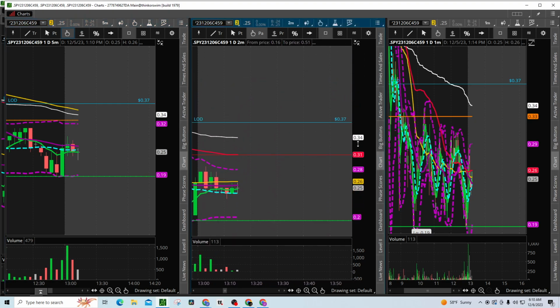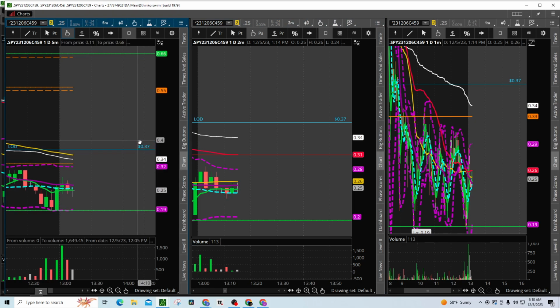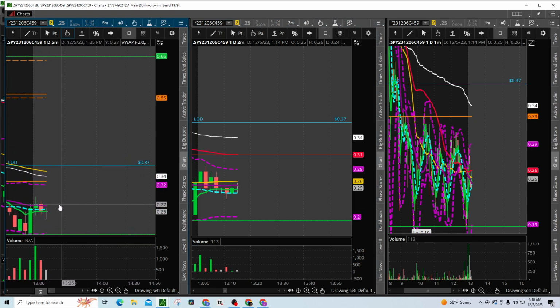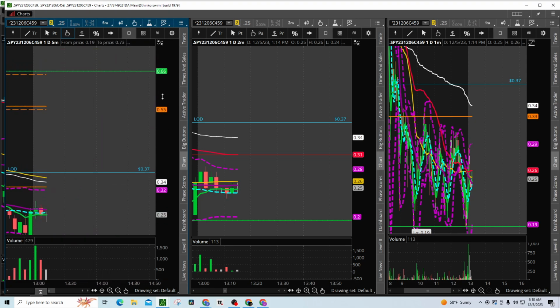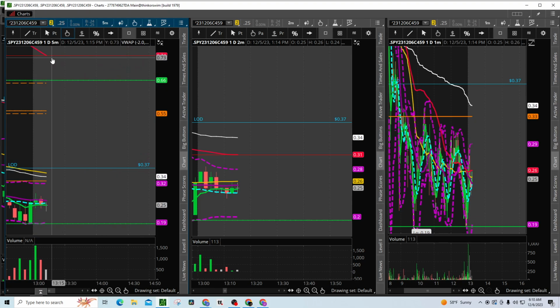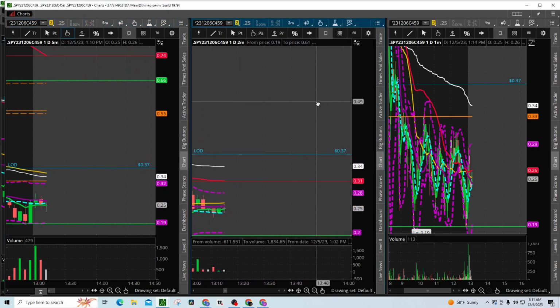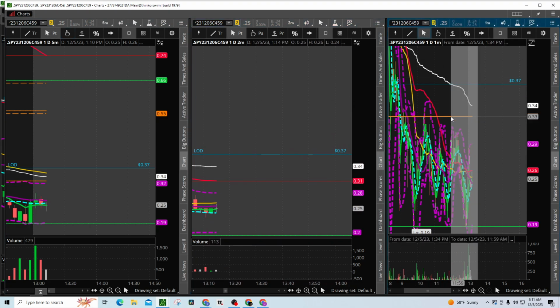Okay, so what I want to know on this side, since this is the stronger side, I know this is going to trend up. So I want the mid Bollinger Band to be down here, and I want to know where the red line is up here. Same thing here. That's how I want to look at it in the beginning.